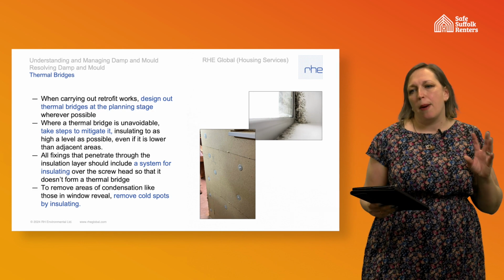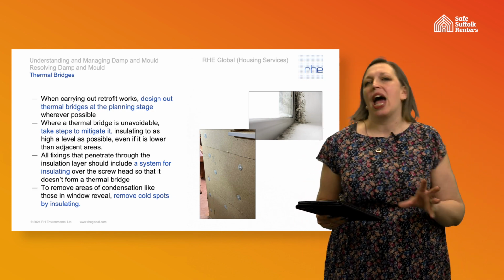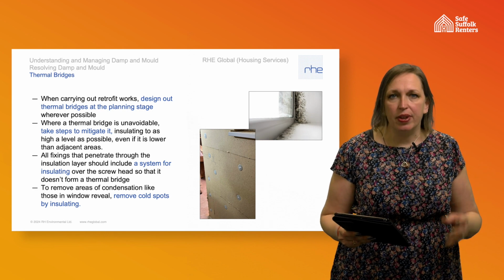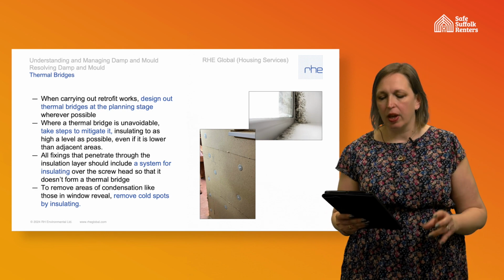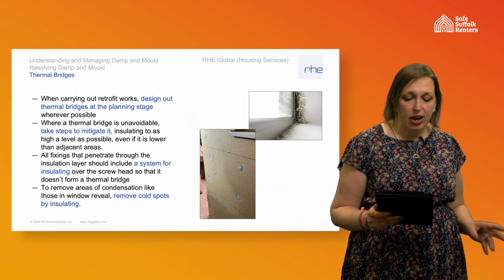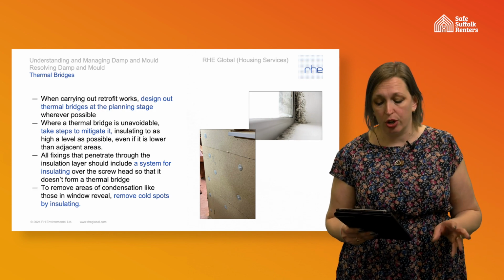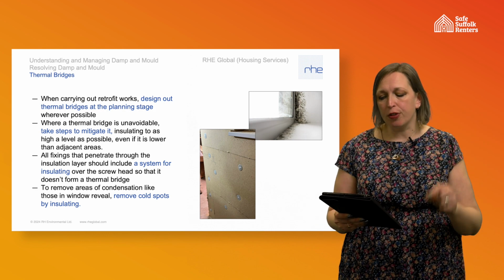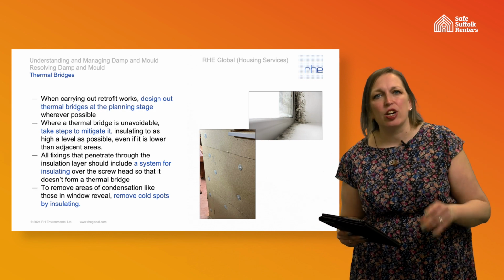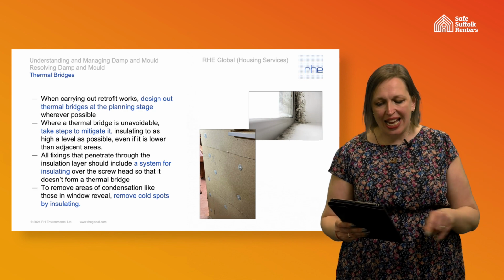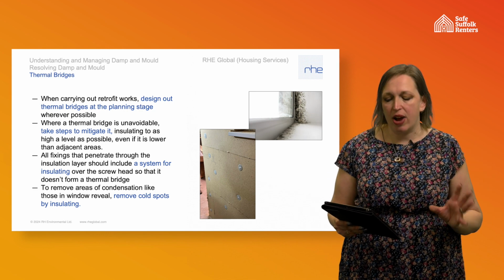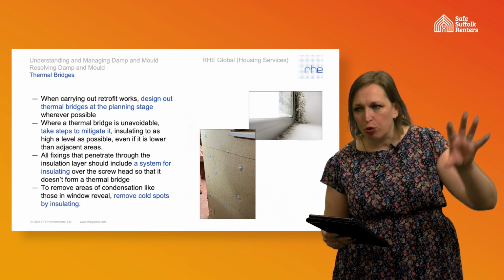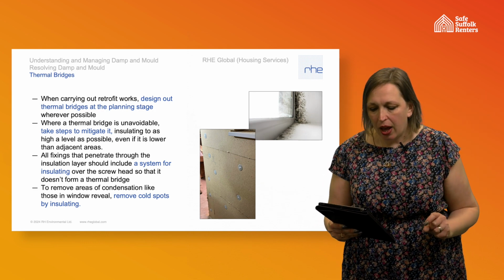So thinking a little bit about our thermal bridges, our cold spots and how we prevent them. In terms of prevention, if you're fitting insulation, external wall insulation does have less opportunity for cold bridging than internal wall insulation. That's because if you think back to that picture of the thermal envelope, it's easier to install a continuous layer that's consistent around the whole dwelling externally than it is internally, where you've got all those features like door frames to get around.